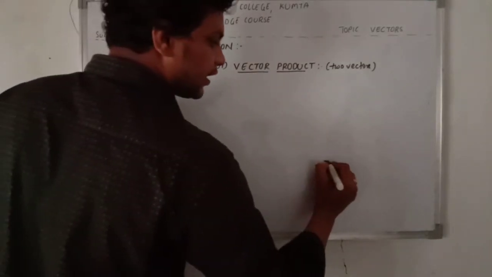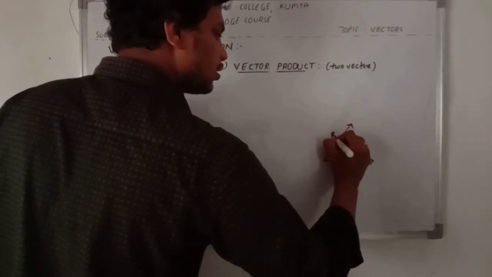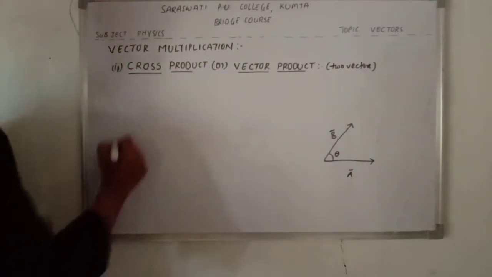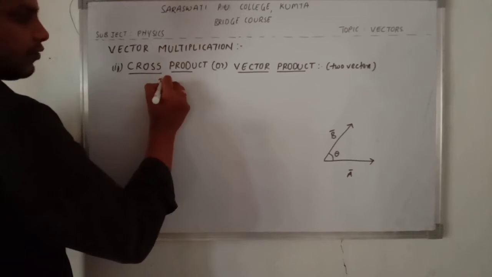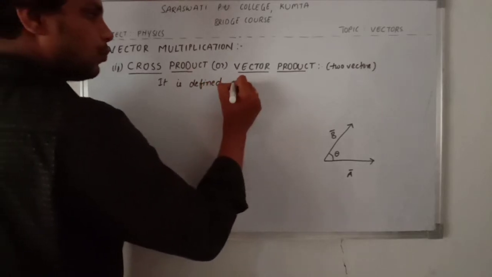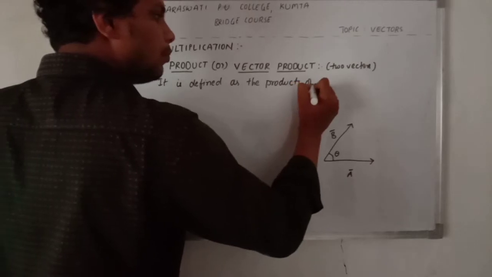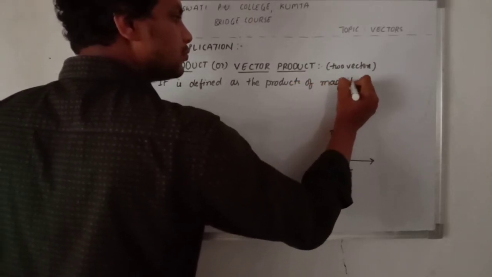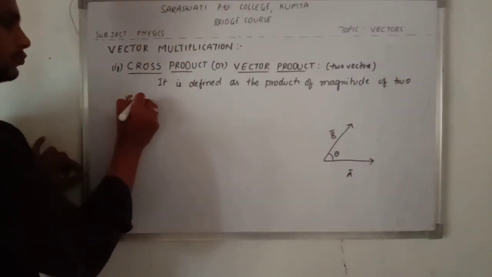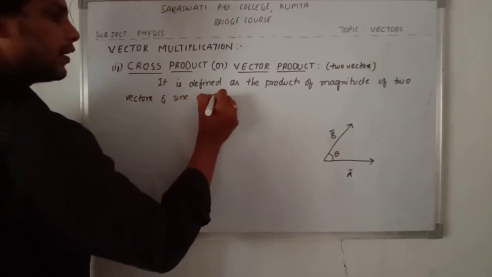If I take this as vector a bar, and this as vector b bar, and this is the angle between vector a bar and vector b bar, it is defined as the product of magnitude of two vectors and sine of the angle between them.